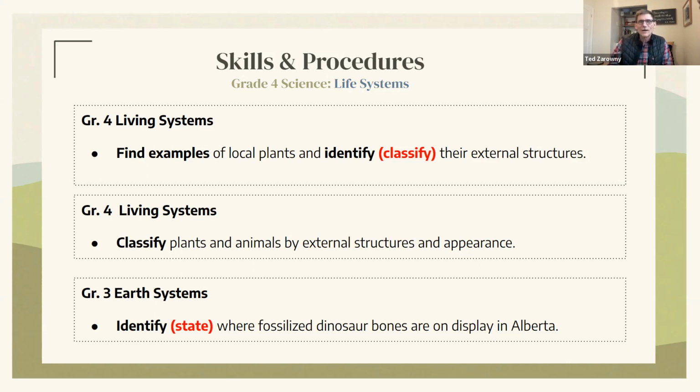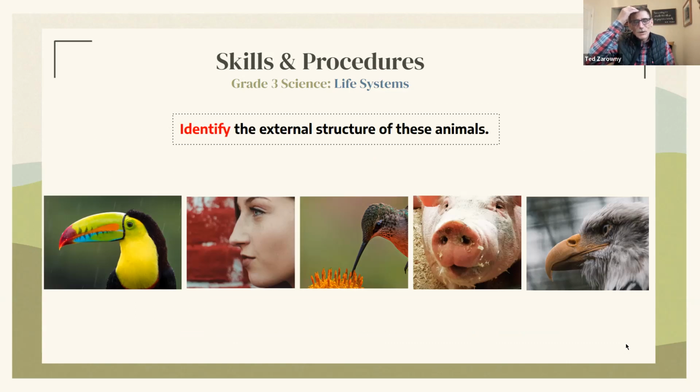And those really are concepts. In other words, they're going to have to classify what they see as feathers or hair or fur or whatever they see. So that's more of a classification. And we know that in one of the outcomes right under that, they do use the word classify, such as classify animals by external structures.